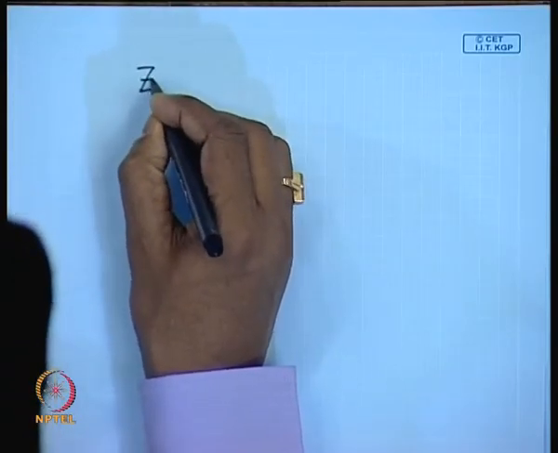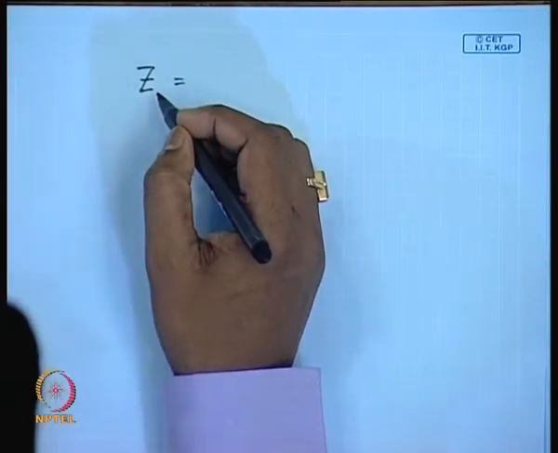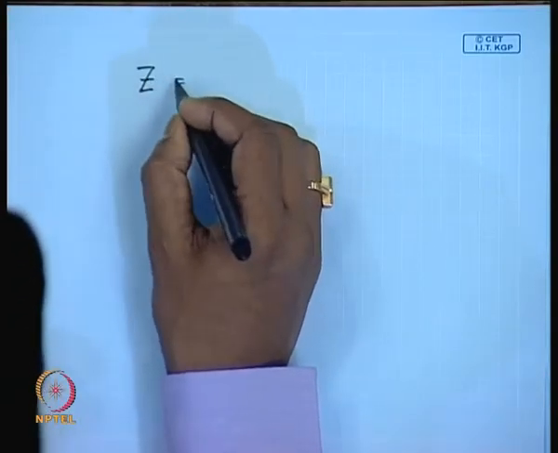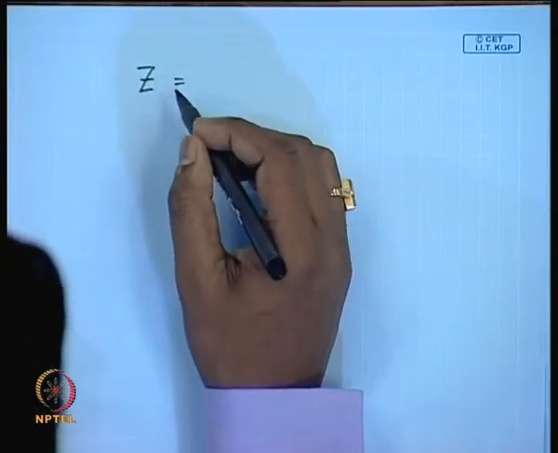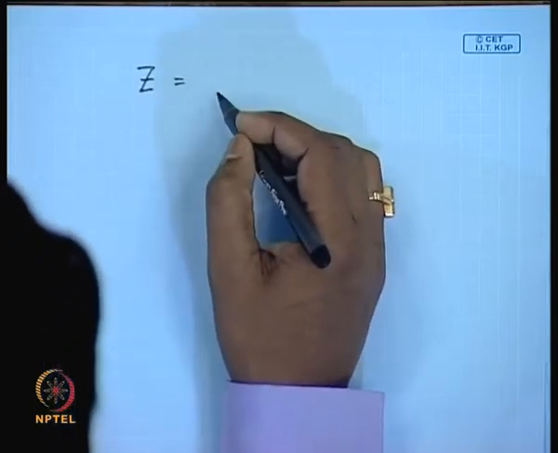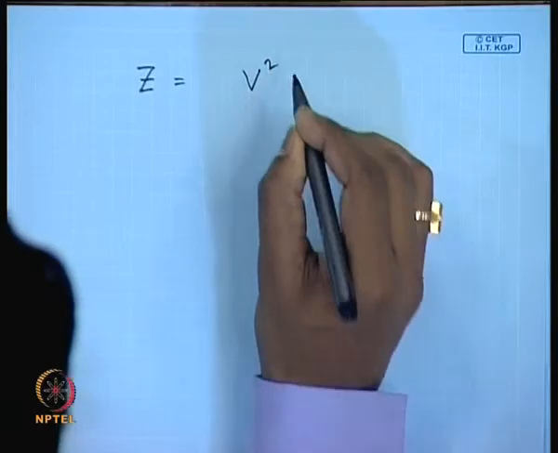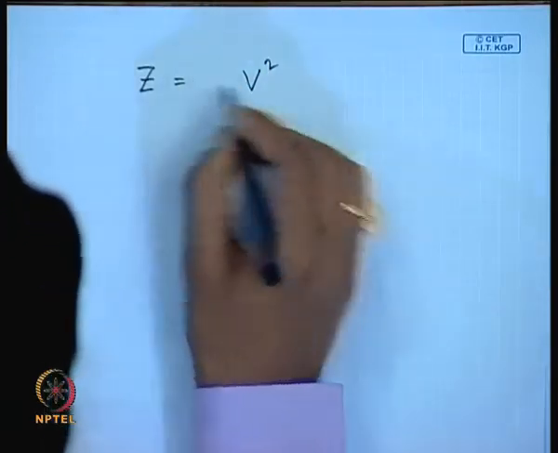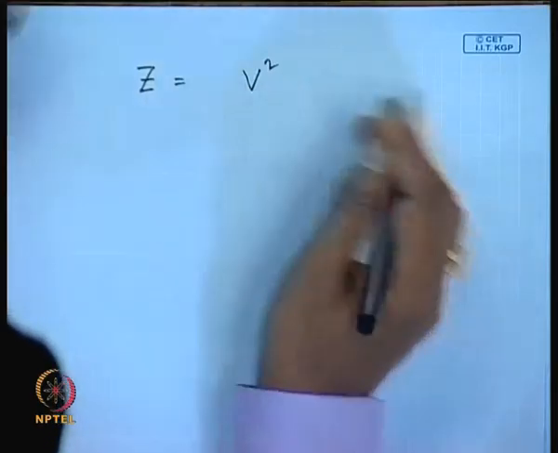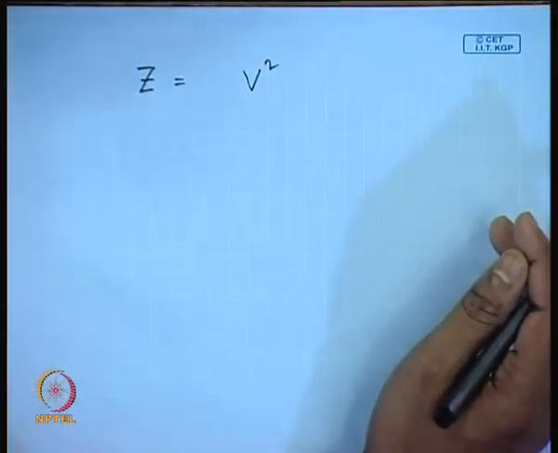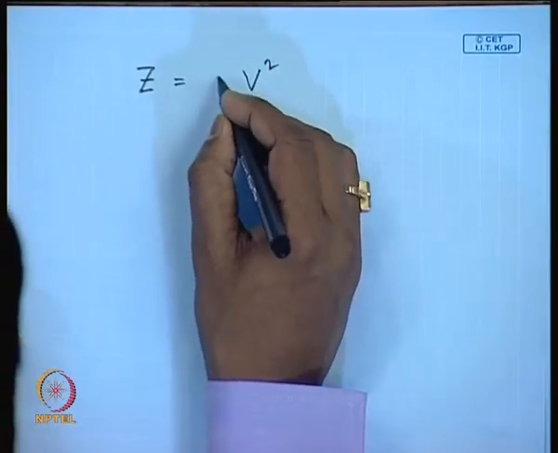One is z, which is the wave height when wind is blowing on the free water surface. The wave height depends on various factors, and it is also related to the square of the wind velocity. So these two are related like this, and obviously there will be some constant here. Say that this constant is a.